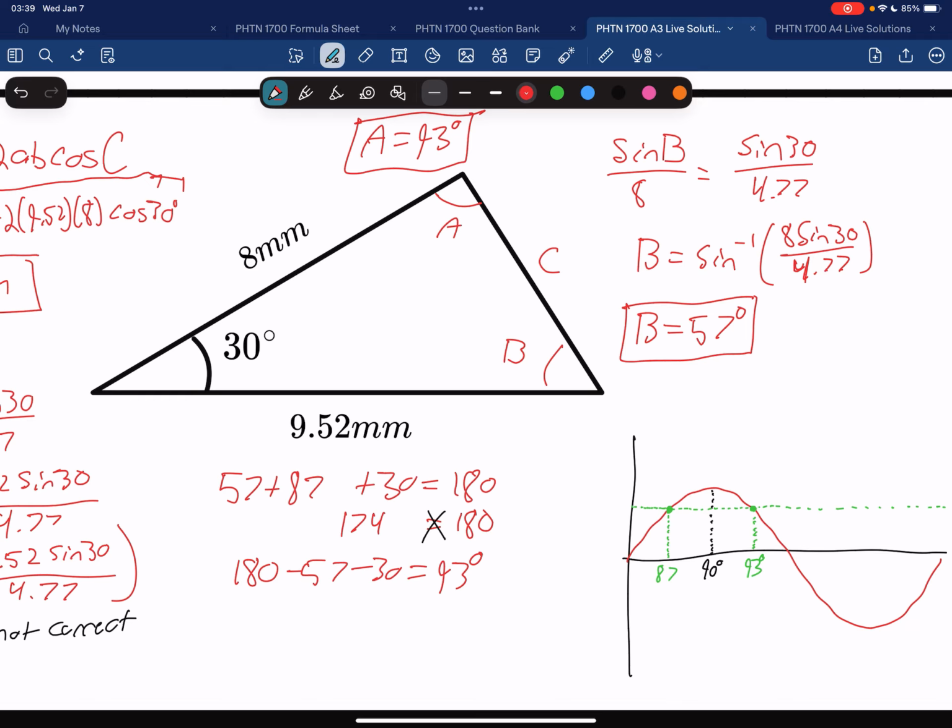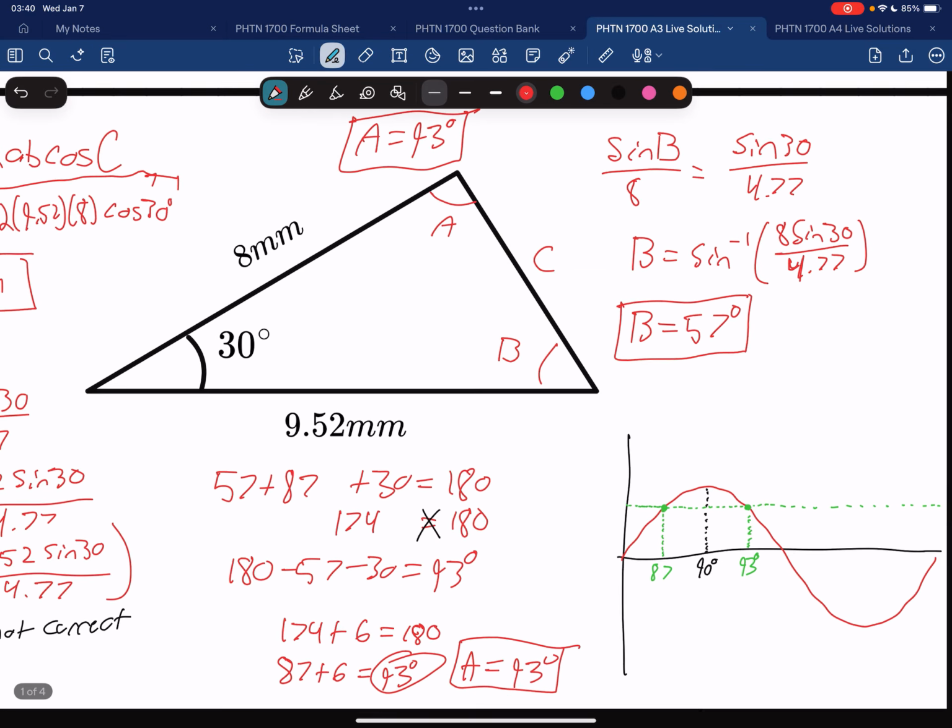So in our case, that is 174 plus 6 equals 180. We know that angle A has to be the obtuse angle. It is the largest of them all. So that is the one that has to be over 90. So I'm going to add 6 to it. I'm going to get 87 plus 6 equals 93. And that is where my A equals 93 degrees comes from.